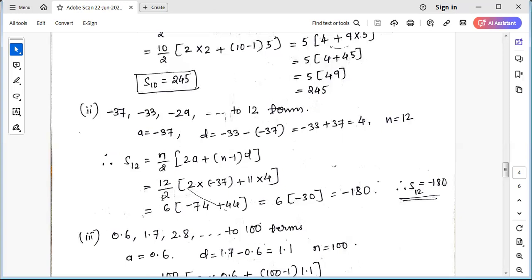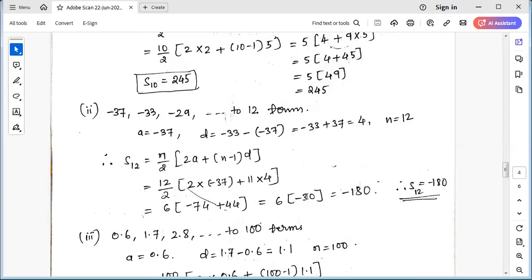Simplify: 12 by 2 is 6 into the bracket 2 into minus 37. 37 into 2 is 74, so this becomes minus 74 plus 11 into 4 is 44. And minus 74 plus 44 gives minus 30.